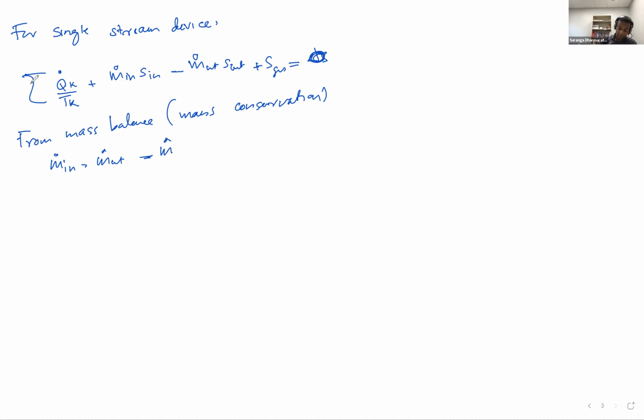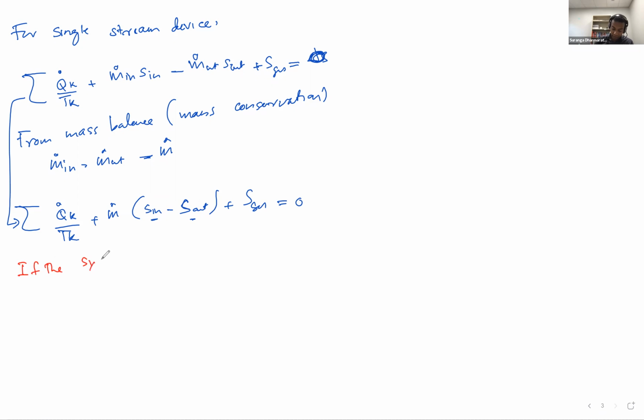So I can write the same equation: Q dot k over Tk plus m dot times s in minus s out plus S gen equals 0. So these are specific entropies, okay?